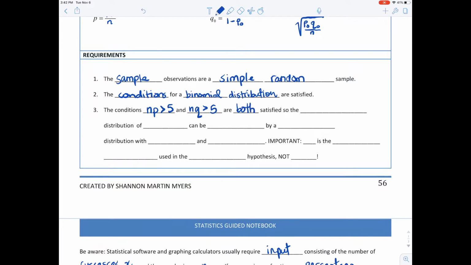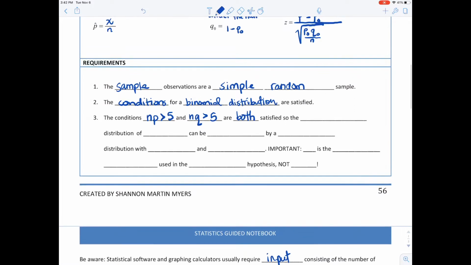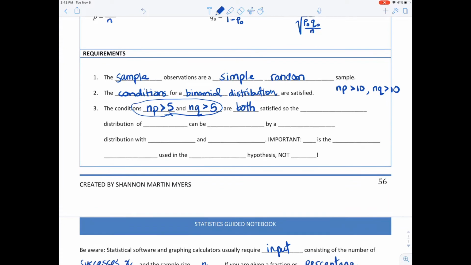You can range between NP greater than 10 and NQ greater than 10, and the 5s, it just really depends on the text you're using. We're going to go with 5 because most of the elementary statistics texts go with that.